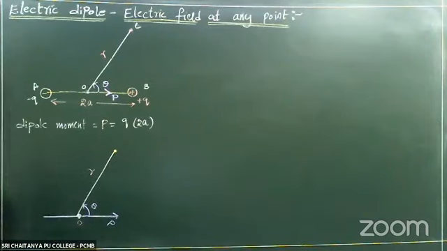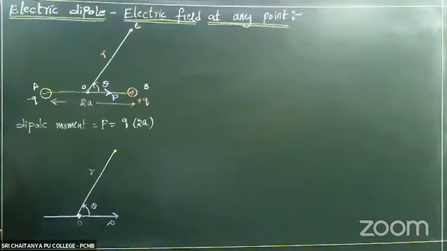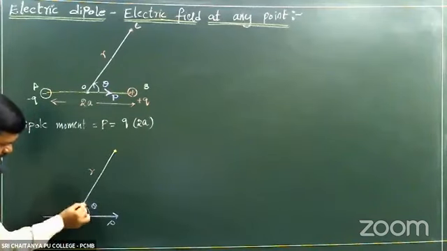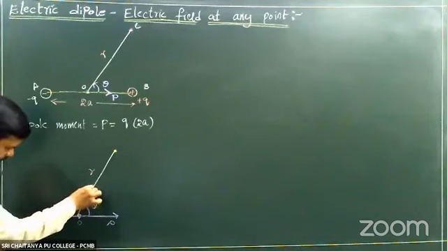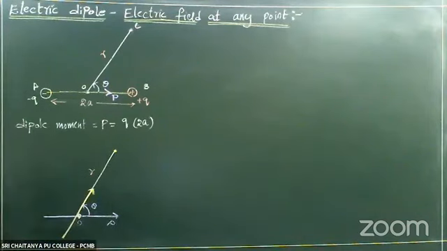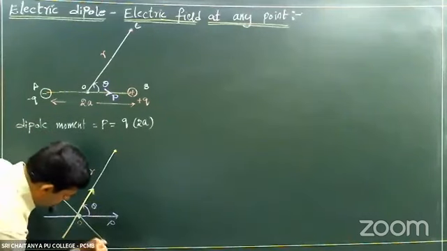For our convenience, as this is a vector, I am resolving it into two components. Listen clearly. I am resolving this dipole moment P into two components. One component is along this direction, making an angle theta. Another component is exactly perpendicular to this.